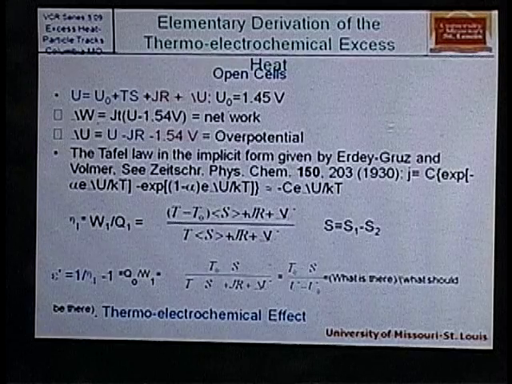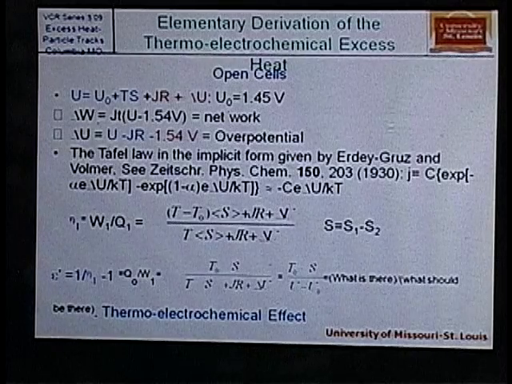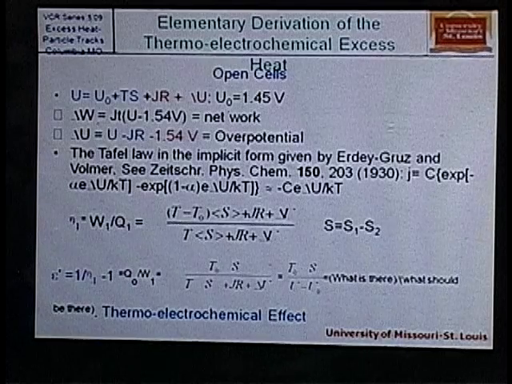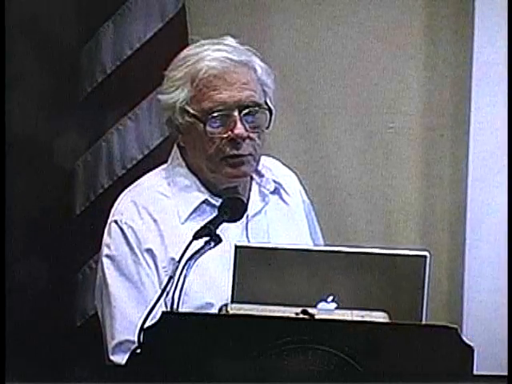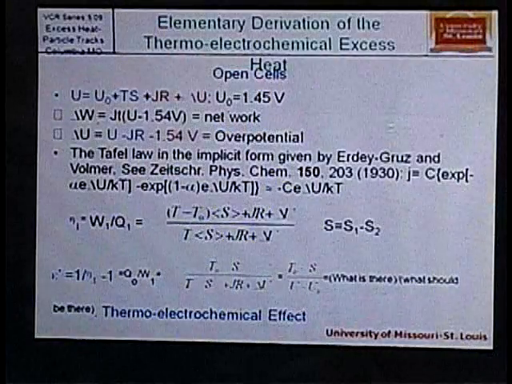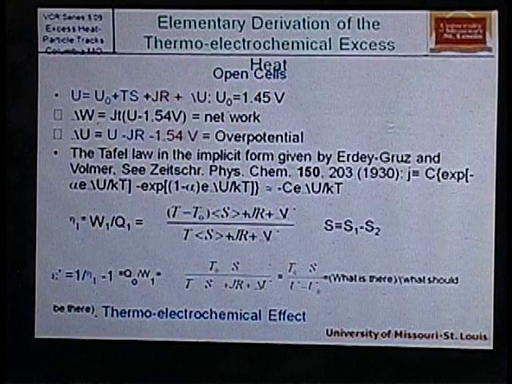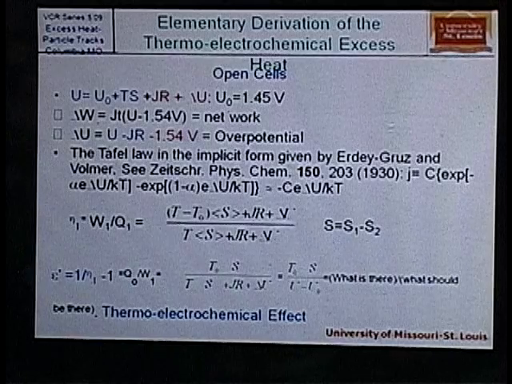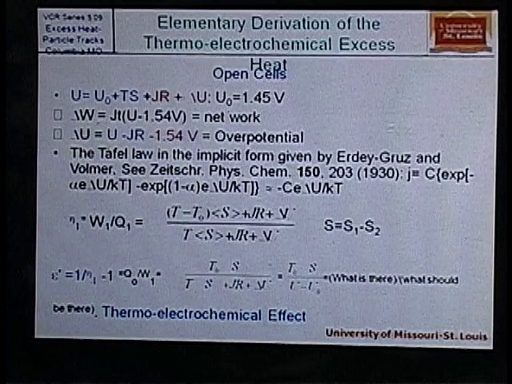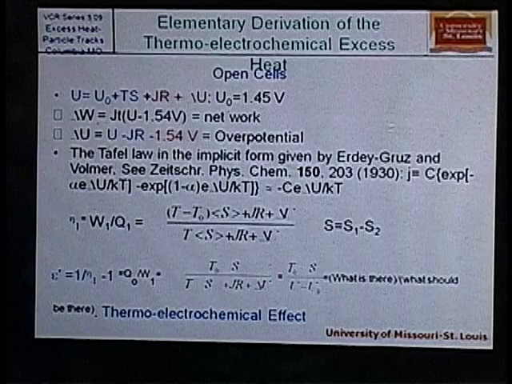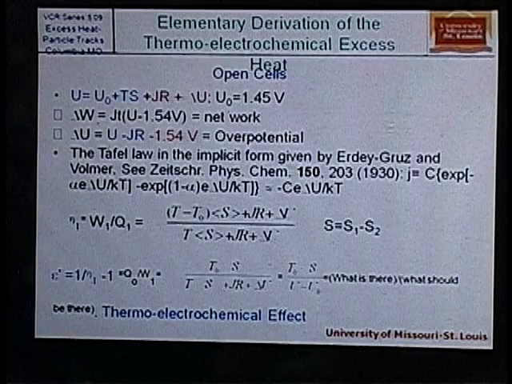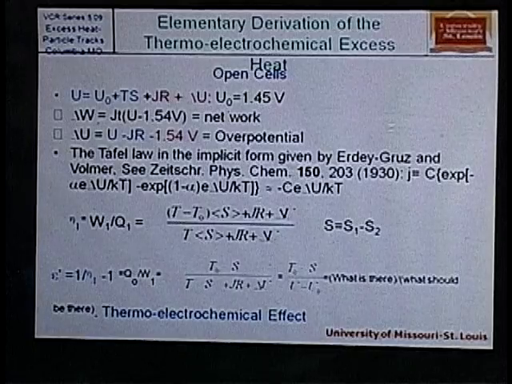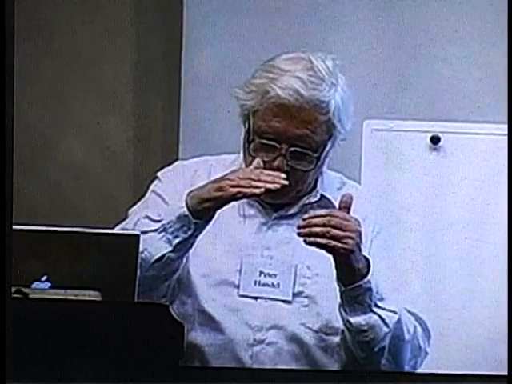S is the difference of the Seebeck coefficients of the two electrodes, and the excess heat coefficient is given by this expression: 1 over eta minus 1 is equal to the heat that shows up unexpectedly in the cell, T0 S, where S between brackets is the difference of the Seebeck coefficients between the electrodes, but averaged between the outer surface of the insulation of the calorimeter and the inner surface.